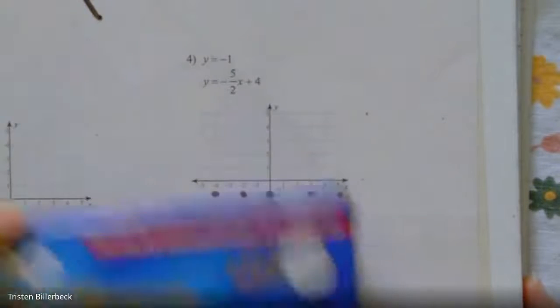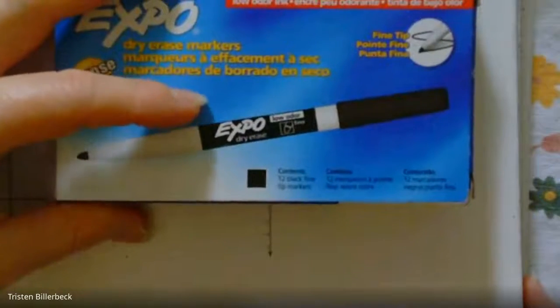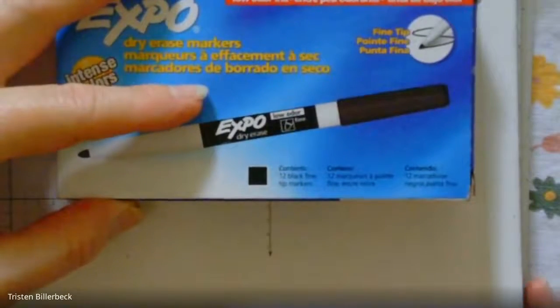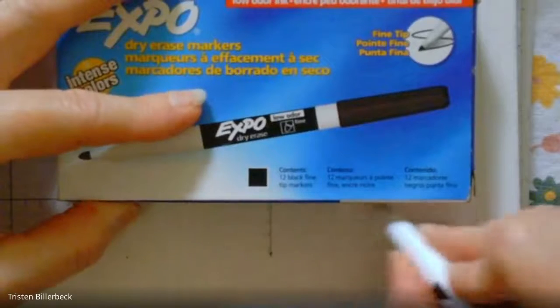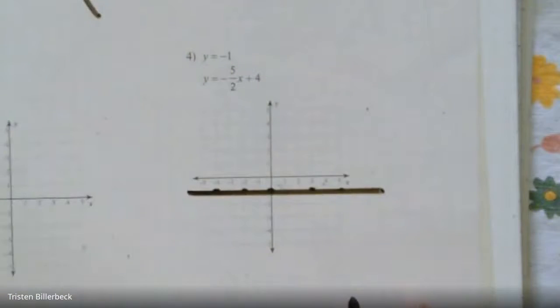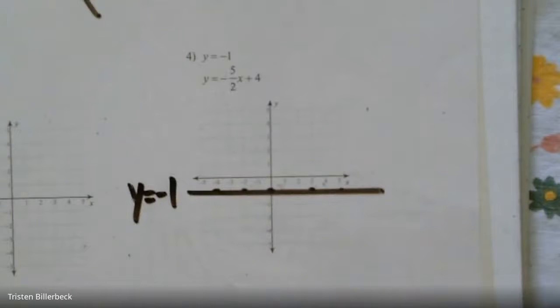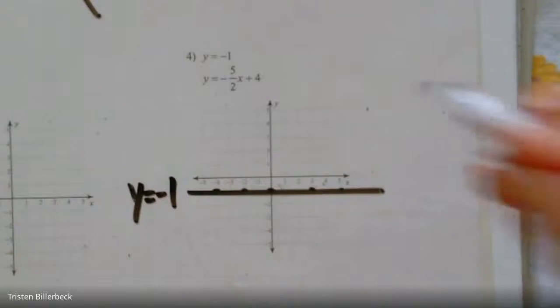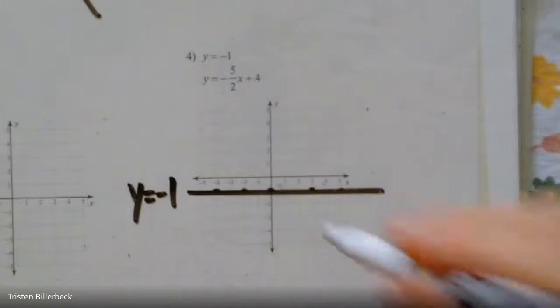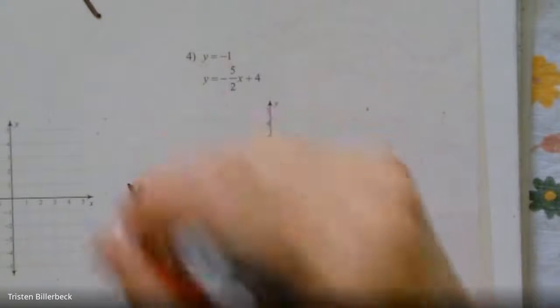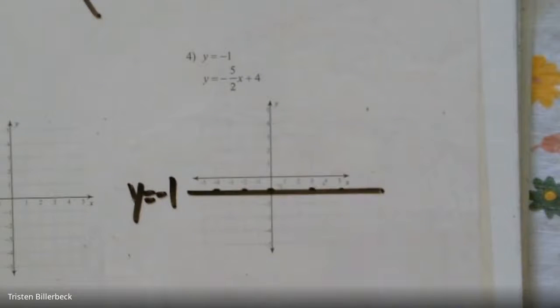And it does not matter what x is. So we have a horizontal line. As much as we want to make it a vertical line, y equals -1 is a horizontal line. Okay, so if you forget, remember, if it says y is always -1, just keep putting dots at y is -1. And then you'll remember that it's a horizontal line.